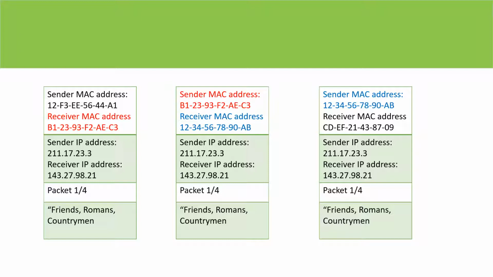The router then strips out the MAC addresses again and then replaces the receiver MAC address, which is actually the MAC address of that router, with the sender MAC address, and then adds a new receiver address to it, and so on and so on through all the routers until it gets to its destination.